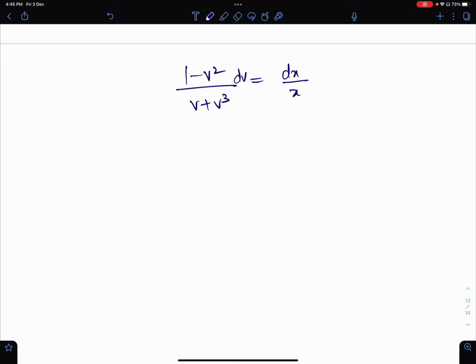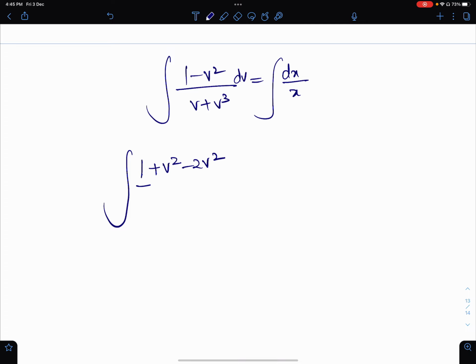Okay, here solving by partial fraction method will work, but I will tell you a shortcut. So I'm going to integrate both sides. So 1 minus v square can be written as 1 plus v square minus 2v square.